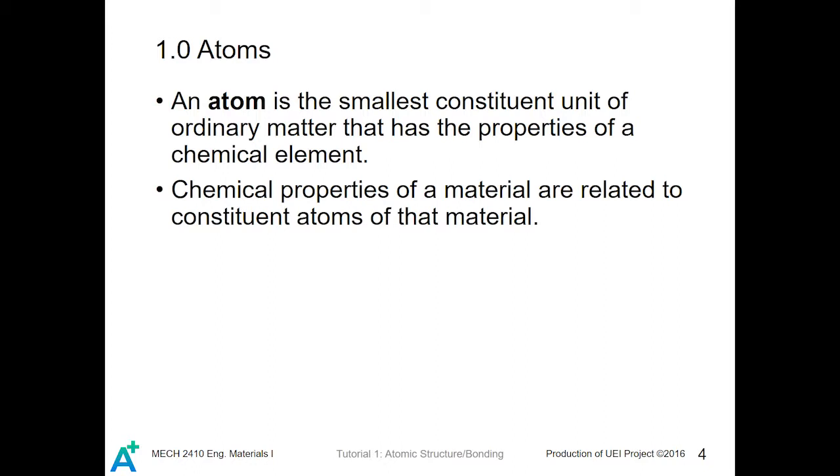This basically means that if you try to divide a piece of material into its smallest part, in which the small parts still have the same chemical properties as the whole material, the smallest part or the smallest unit, we will call it the atom.